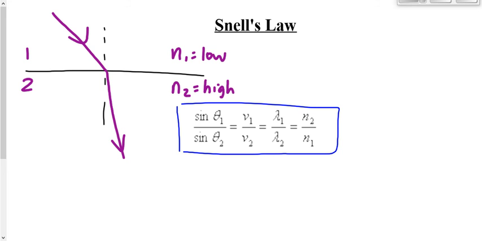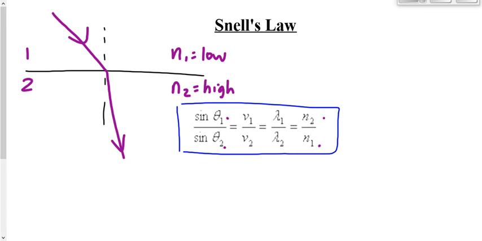How do we know that? Look at the equation. How do we know that N2 is a big value there as compared to N1? Go ahead. Look at the relationship here. Theta 1, it's not a linear relationship because it's not theta 1, it's sine theta 1, but it's still proportional. Theta 1, theta 2, N2, N1.